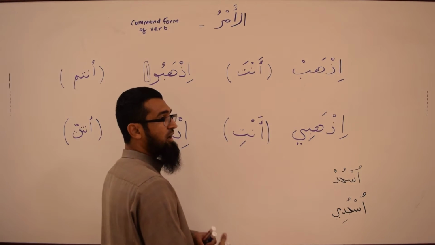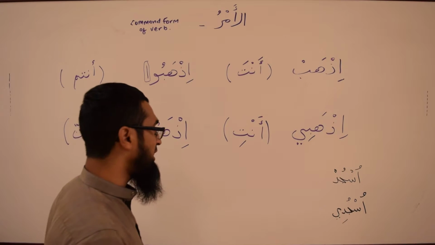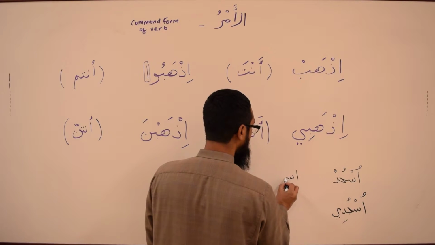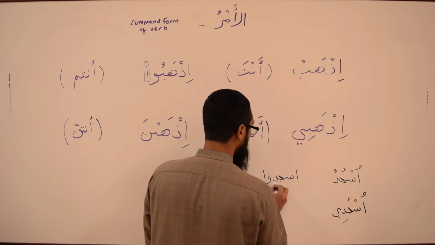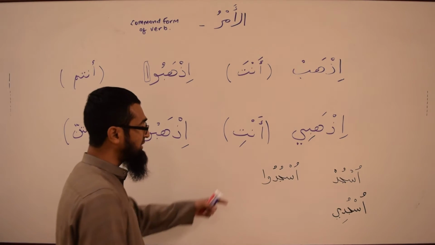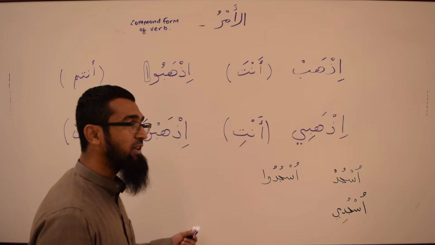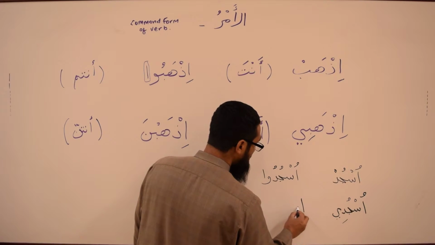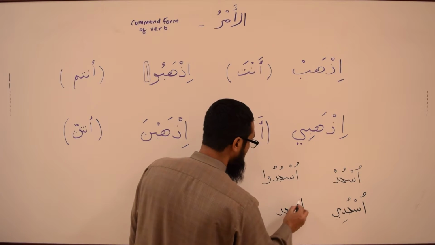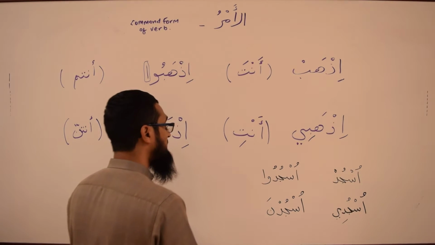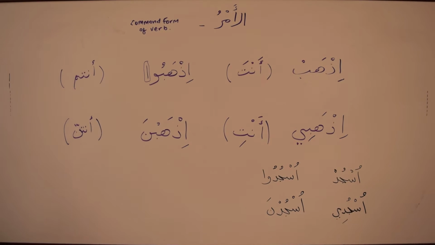If you're commanding a group of people, you're telling them usjudu. And obviously we're assuming that the group is all males or it's mixed gender. And if it's a group of females, usjudna. Okay, and you can do that with every single amr verb that exists.